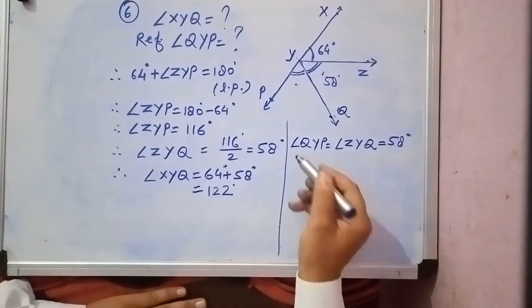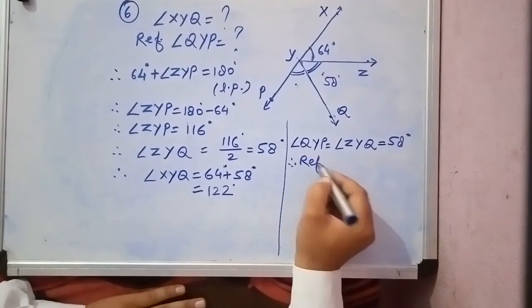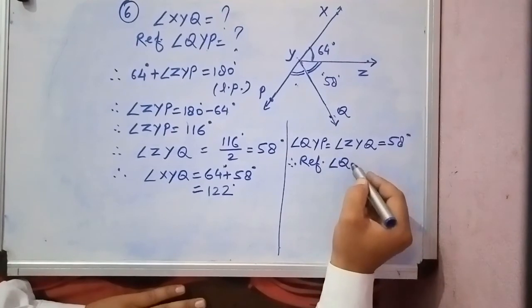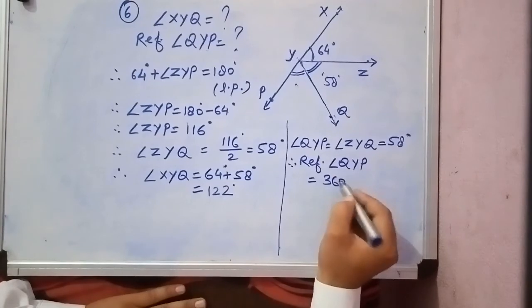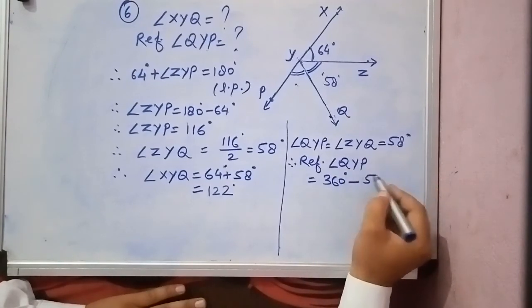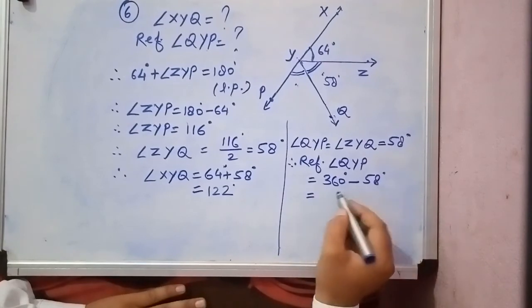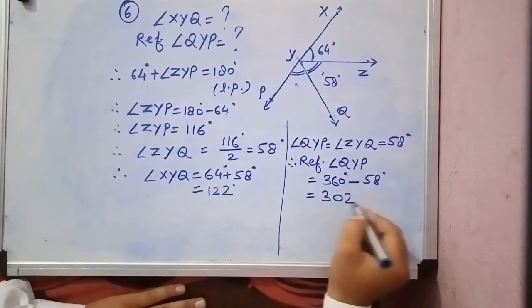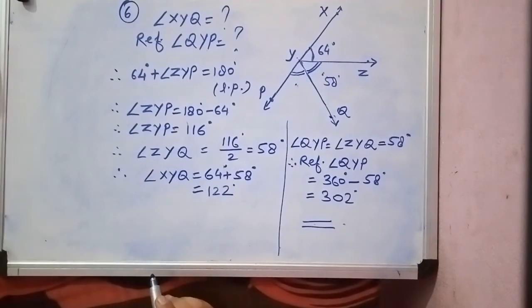So reflex angle QYP equals 360 minus 58 degrees, that is 302 degrees. So this is the solution of question number 6, the last question of your exercise.